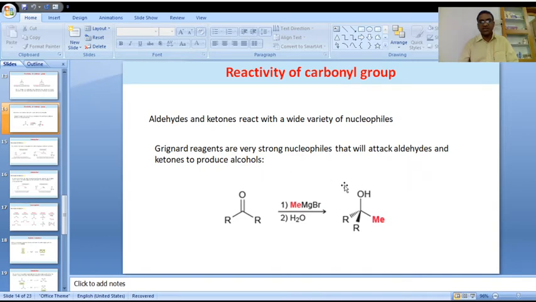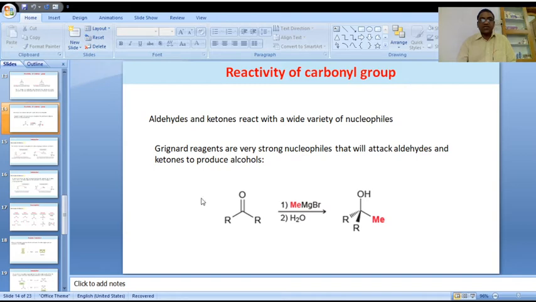Both aldehydes and ketones undergo this reaction because we are using a strong nucleophile. The Grignard reagent produces a strong nucleophile. That strong nucleophile attacks aldehydes and ketones in the same manner and will give alcohols.